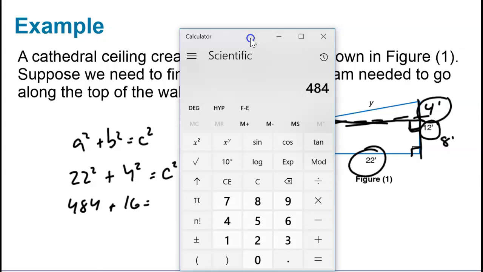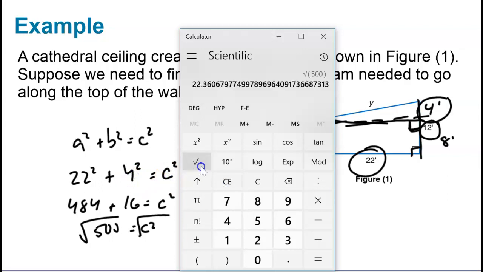Plus 16, which is 4 squared, equals c squared. 484 plus 16 is going to be 500 equals c squared. Square root of both sides, and the square root of 500 is 22.36.